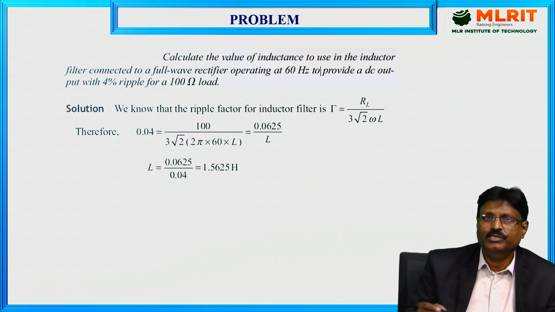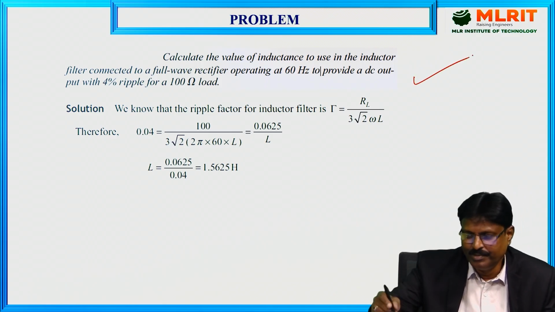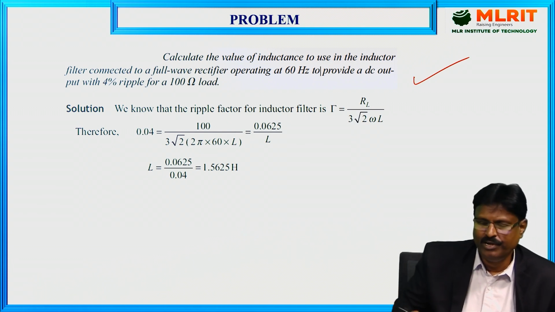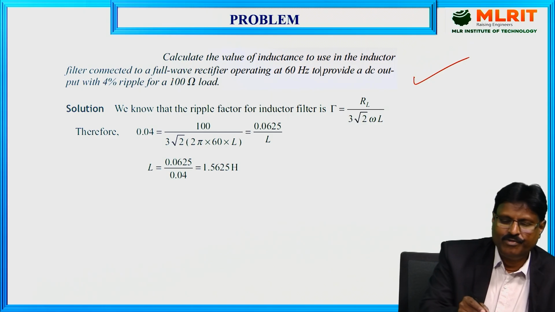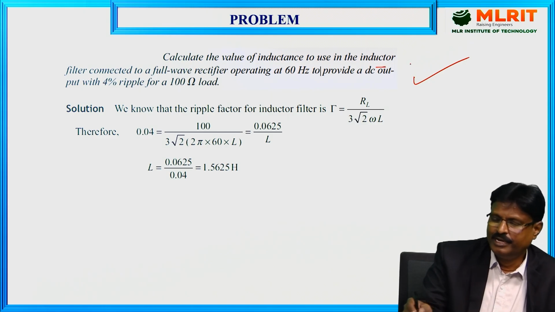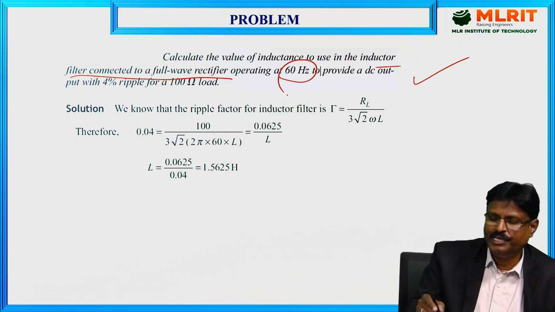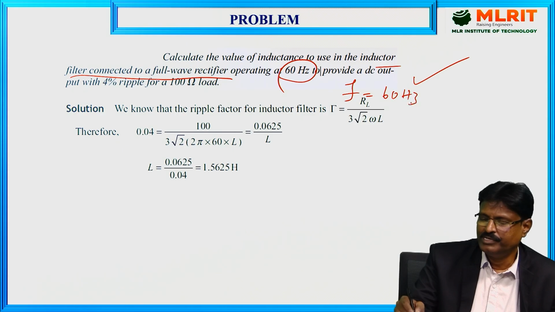Based on this derived equation, the problem will be asked like this. These are the given data based on the ripple factor. Calculate the value of inductance to use in an inductive filter connected to a full wave rectifier operating at 60 Hz. Operating at 60 Hz means the given data is f equal to 60, the frequency of operation.